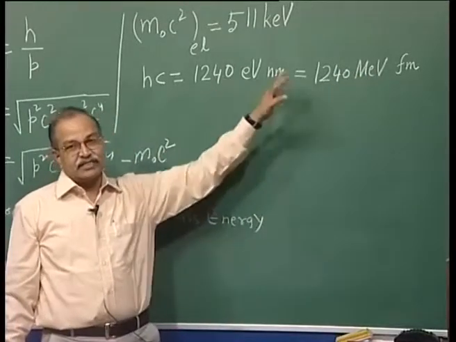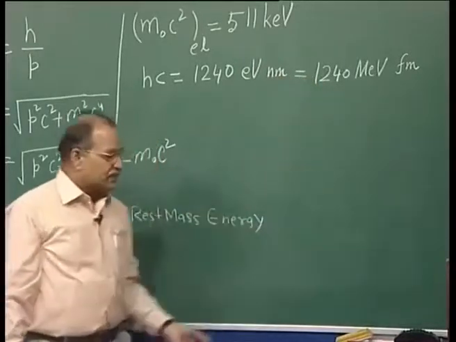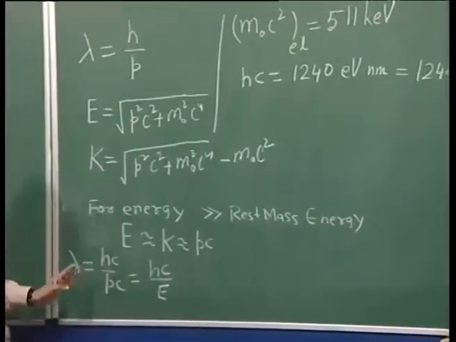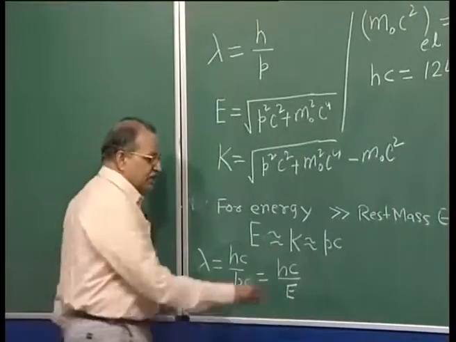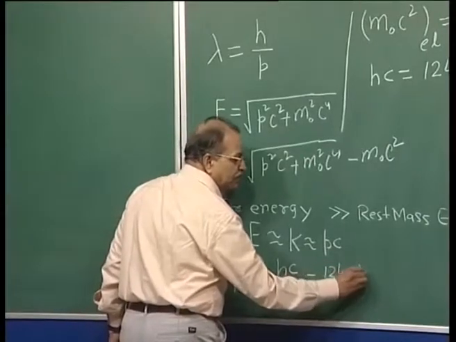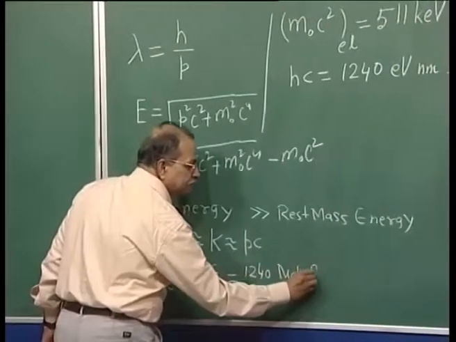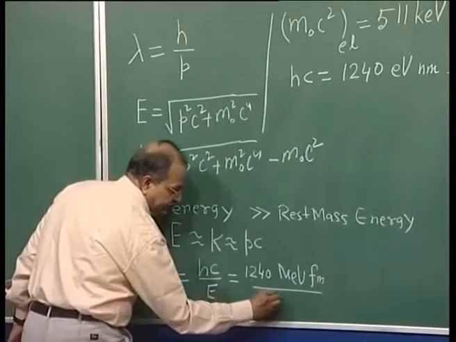So, that is h into c, another number which I would recommend that you remember. So, come back here, the wavelength lambda is hc by E, and hc is 1240 MeV Fm, and that divided by the kinetic energy that you have given.